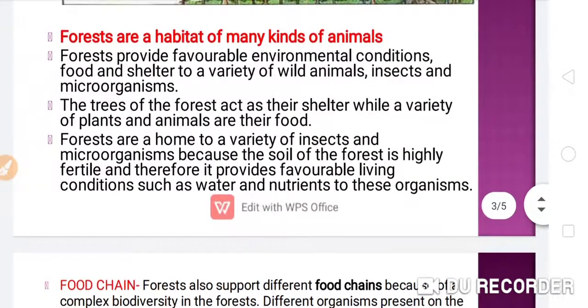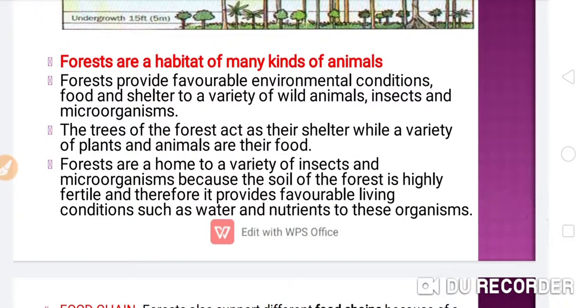Now come to the next point, that forests are the habitat of many kinds of animals. Forests provide favorable environmental conditions, food and shelter, where plants as well as animals can survive and sustain themselves. Food and shelter are available from the forest to a variety of wild animals, insects and microorganisms.